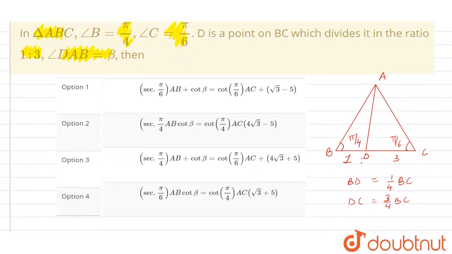So till now we have got this information from the given scenario in the question. And one more thing they have given us is angle DAB. This angle is beta.